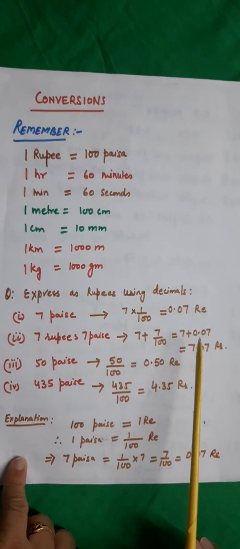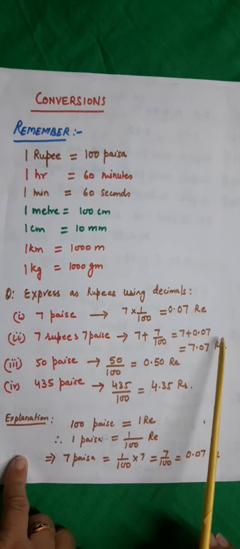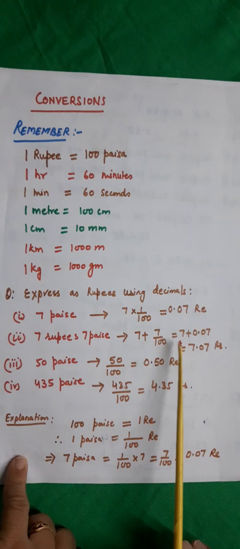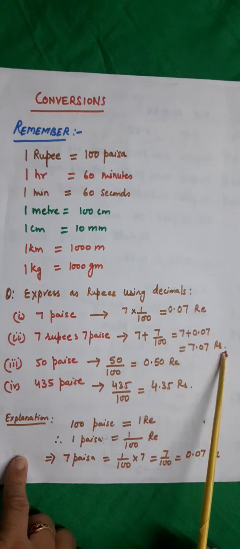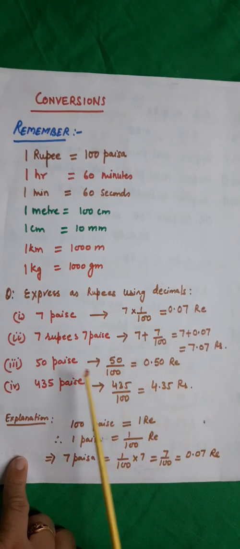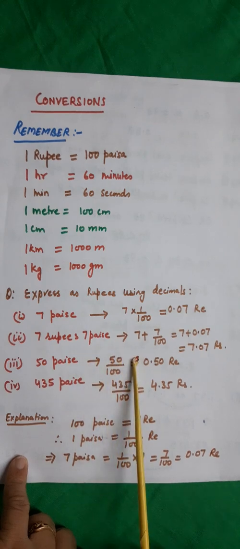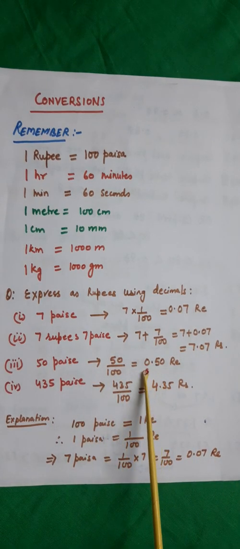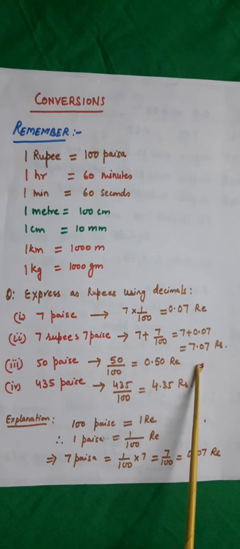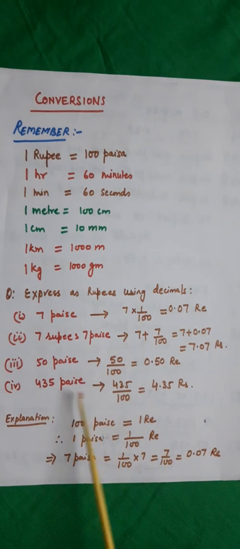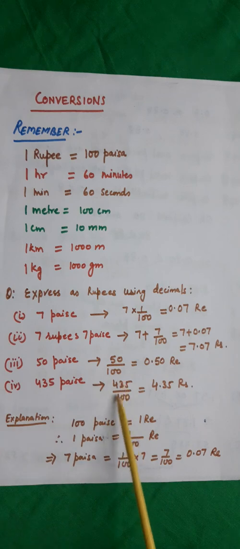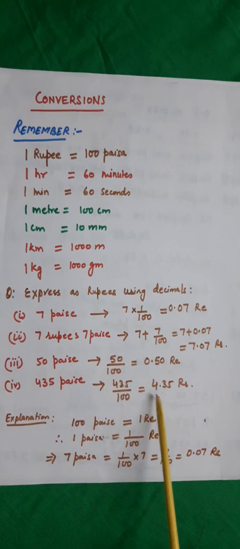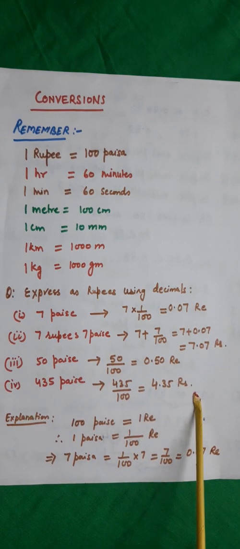So I have 7 plus 0.07, which is equal to 7.07 rupees. 50 paisa to be converted to rupees. So simply divide 50 by 100, which gives me 0.50 rupee. 435 paisa. Again I will divide it by 100. So I get 4.35 rupees.